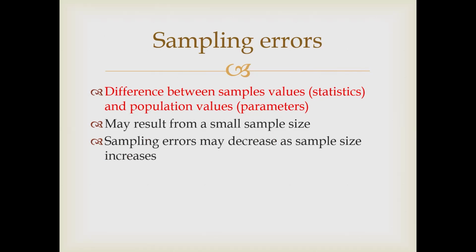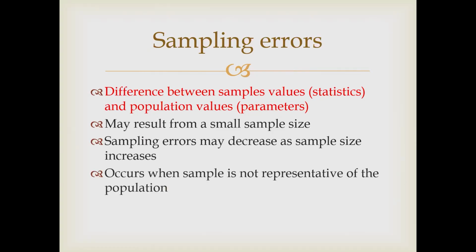So if you want to reduce sampling errors, you have to increase the sample size, which PhD scholars may not be able to do, but research organizations can definitely do that. This occurs when the sample is not representative of the population.